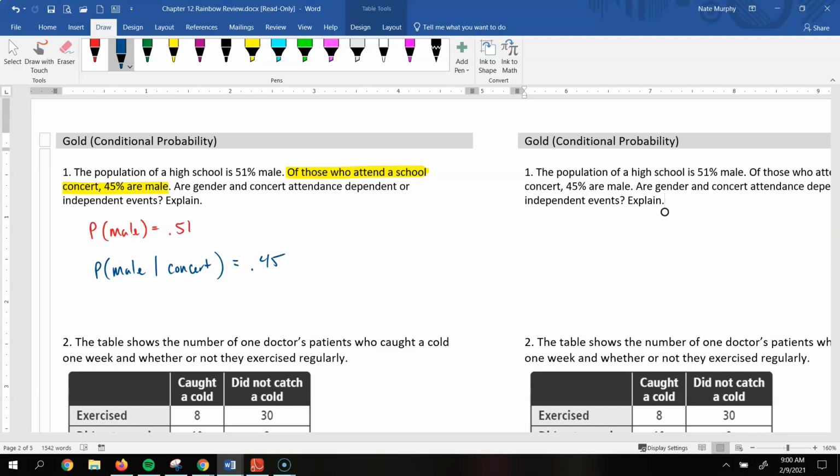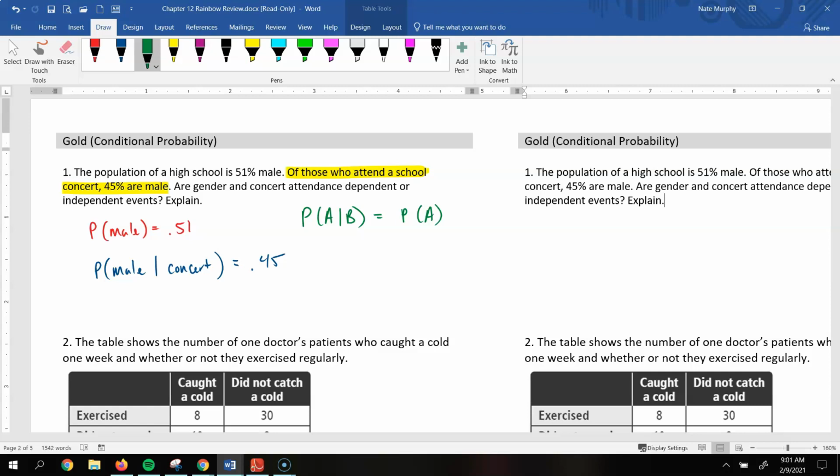Well, remember, to prove if they're dependent or independent, we have this formula that says the probability of A given B equals the probability of A. If that's the case, then they are independent.